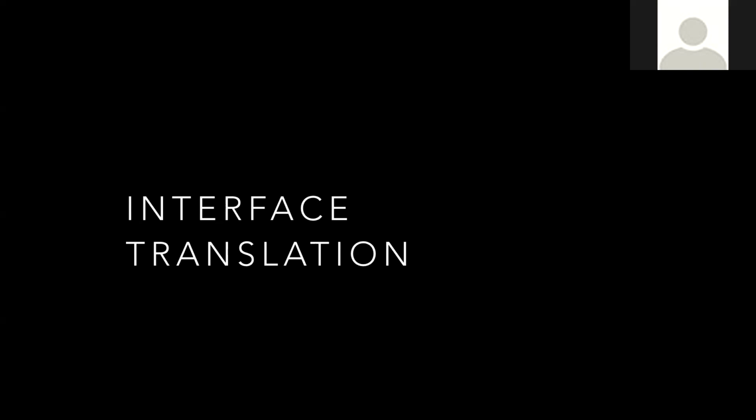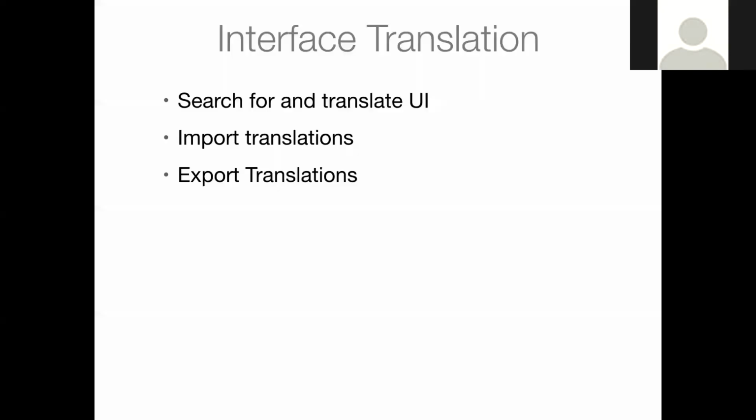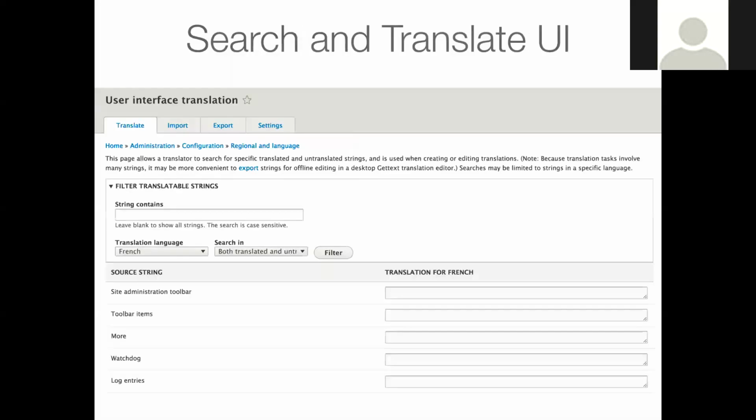And then once you have that kind of figured out, you'll be looking at translating the different components of Drupal. So the user interface, the content, and the configuration. For the interface translation, these again are pieces of text that come with Drupal modules and themes. You can import and export these using PO files, or you can translate them manually through the website.